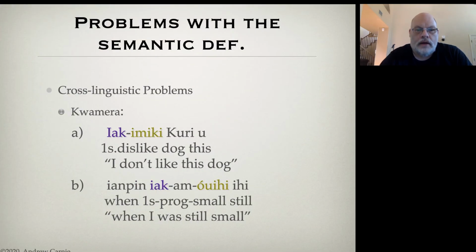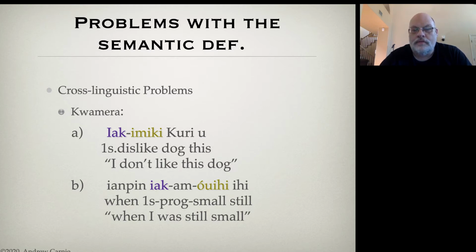Let's look at Quimera. In Quimera, verbs can be marked with certain prefixes that indicate the subject. So for example, the prefix yak marks the first singular. First singular means I. So if you want to say, I don't like this dog, or I dislike this dog, you put yak in front of the word for dislike. Now in the B sentence, we should be surprised to see that the same prefix, the one that means I, is attaching itself to what semantically is an adjective.